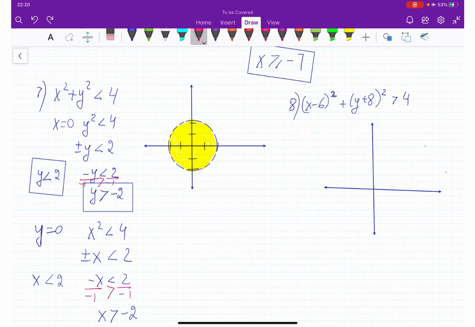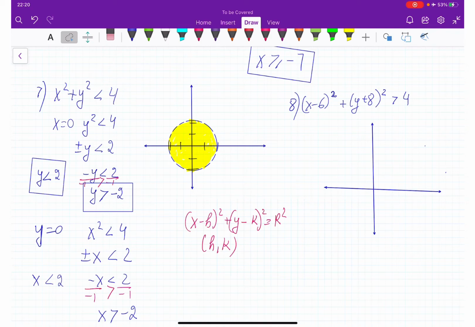So one more time, let me remind you, if we have x minus h squared plus y minus k squared equals r squared, then r is the radius, we already know, and the center of the circle is going to be at h and k.